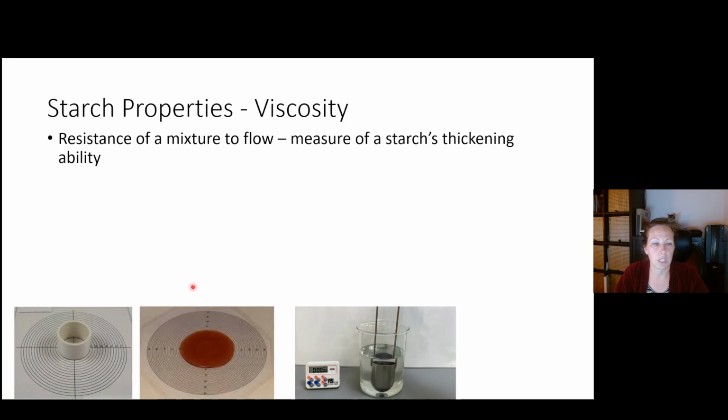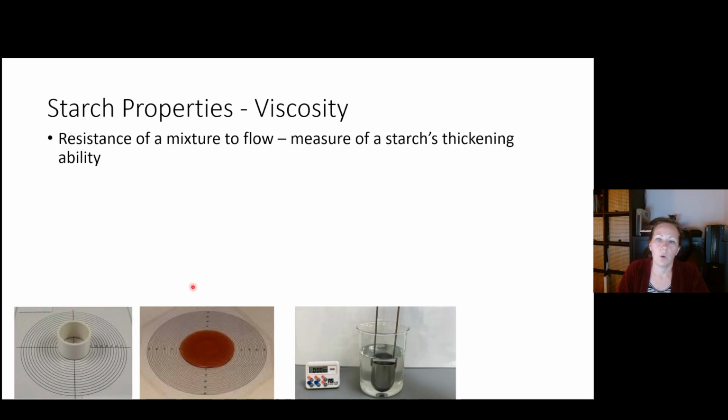So viscosity is the resistance of a mixture to flow, and it's a measure of starch's thickening ability. So, a viscous substance is a thick substance. Okay. So if a substance is less viscous, it is more thin, more runny. Okay. A viscous substance is a thick, slow flowing liquid.